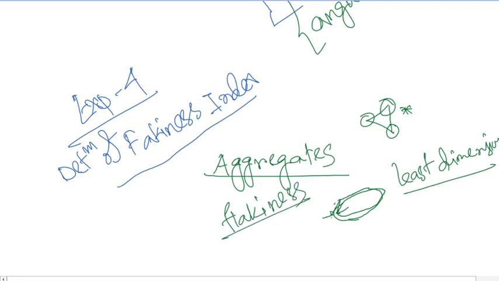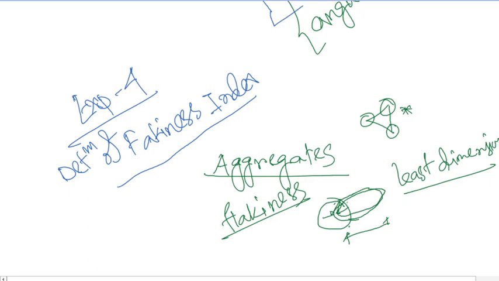If this least dimension is less than the usual shape, compared with the other two dimensions, that is the length and width. In the case of aggregates, you cannot fix any length or width, but yes, there will be a length and width, as these aggregates will be slightly rounded in shape.